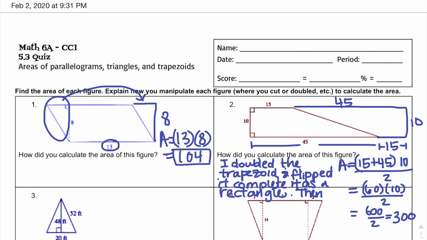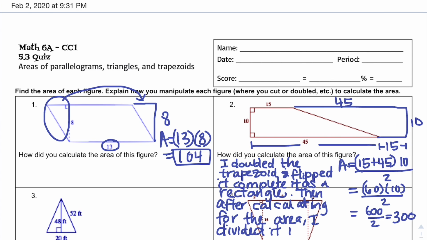Then, after calculating for the area, I divided it in half. And that should be sufficient. I hope that helps.